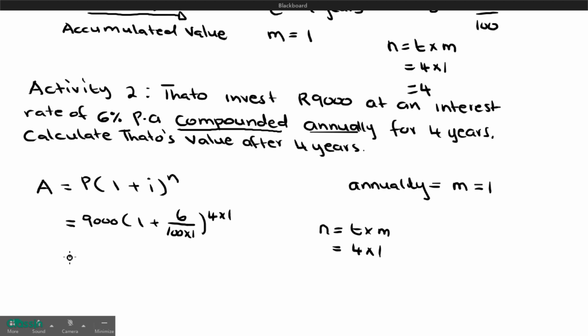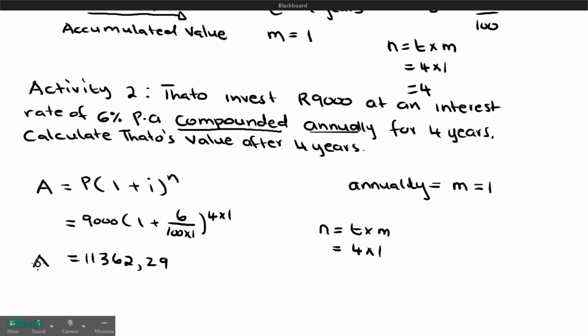Now when we press this on a calculator, the investment at the end of the period of 4 years will be 11,362.29.